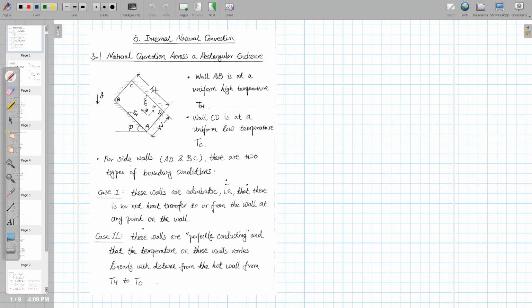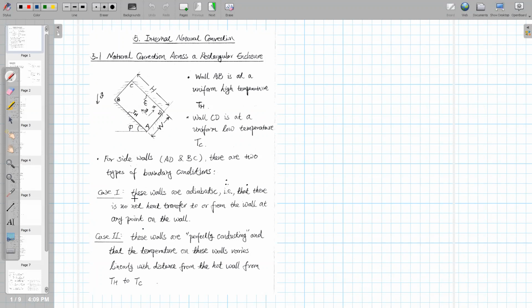So for this problem, we have the temperature TH on wall AB, and we also have the temperature TC on wall CD. But we do not know the thermal boundary condition on side walls BC and AD yet. So there are possibly 2 typical boundary conditions that can be used for these 2 side walls.